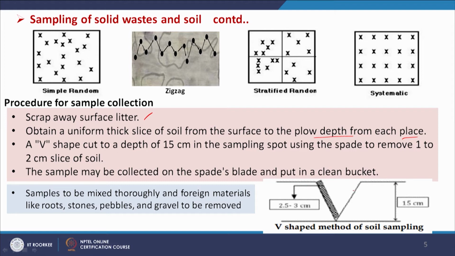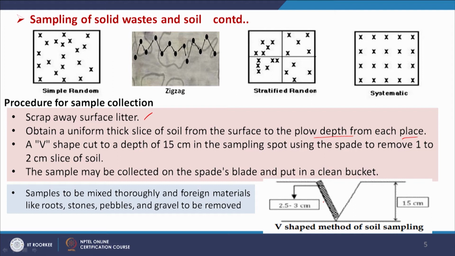Then in the sampling spot, using the spade, remove a 1 to 2 centimeter slice of soil. So, this is a typical soil sampling method.